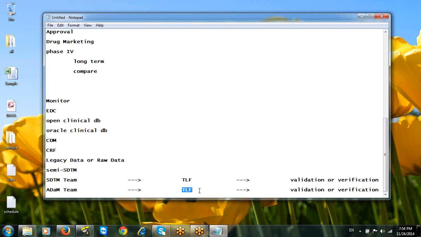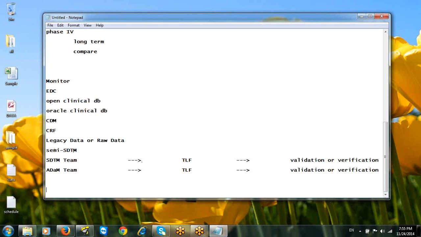That means we generate the report to send to the FDA. Once we have generated the report, we check whether the report is valid, whether the code is valid, whether the data is valid. We have validation as well as verification. Generally, this is the work which we do with SAS in the clinical domain.